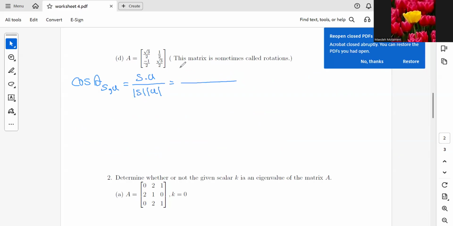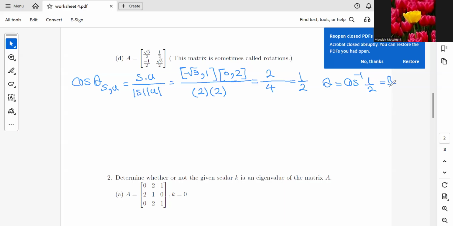It means that we would have negative square root of 3 and 1 times 0 and 2, over 2 times 2. So if we multiply them together, the top will be 2, this one is 4, and we would simplify it as 1 over 2. So we know that theta here is the cosine inverse of 1 over 2, which is pi over 3. And this theta is the angle between s and u.